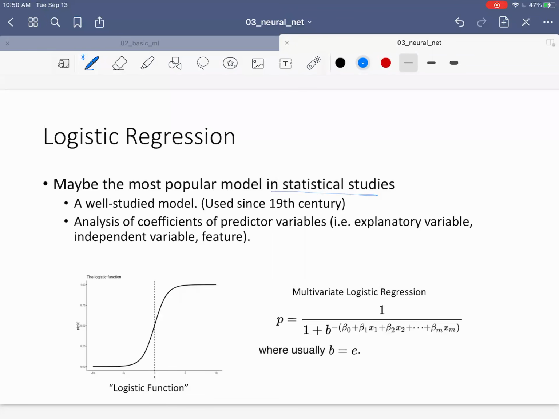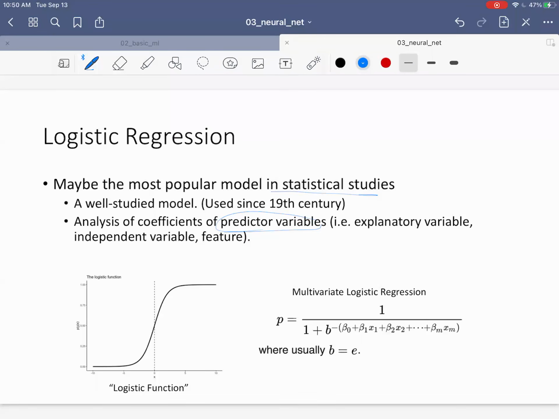And it's used for analysis of coefficients of predictor variables. If you're predicting whether a person will get cancer or not, the predictor variables could be your gender, your weight, whether you smoke, your age, that kind of stuff. And then you want to see which predictor variable is more correlated or less correlated with the outcome, the cancer.